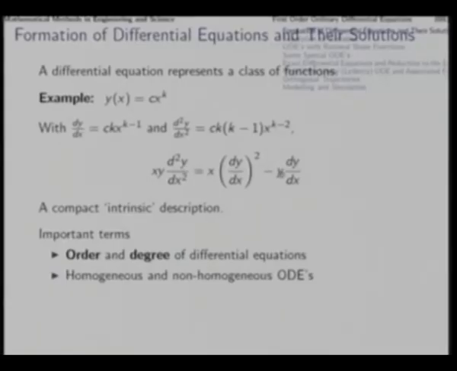However, when we try to classify differential equations into homogeneous and non-homogeneous ODEs, there we count the degree as the total combined degree of y, dy by dx, d2y by dx square, and so on, that is, the unknown function and its derivatives.